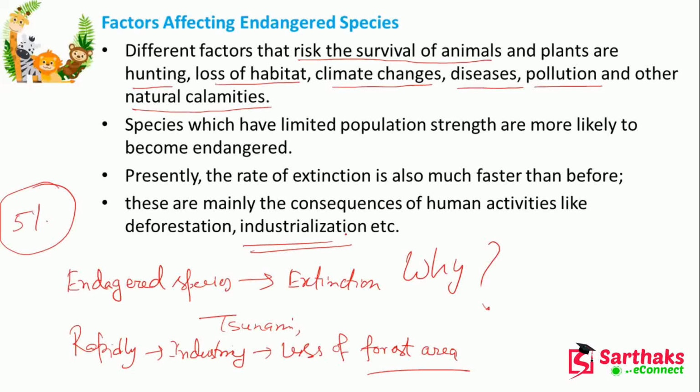We can give a little reason to climatic changes and disease, but pollution, we are doing. And loss of habitat, we are doing, because we are reducing the total area of the forest. So we are responsible for this.